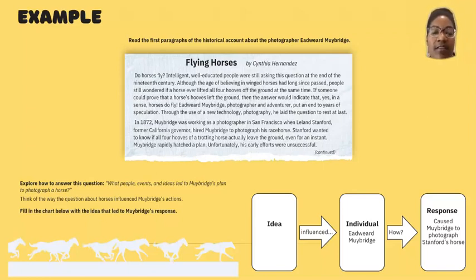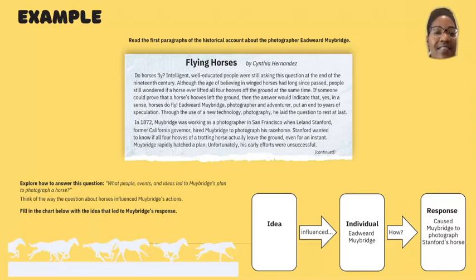Although the age of believing in winged horses had long since passed, people still wonder if a horse ever lifted all four hooves off the ground at the same time. If someone can prove that a horse's hooves left the ground, then the answer would indicate that yes, in a sense, horses do fly. Edward Muybridge, photographer and adventurer, put an end to years of speculation. Through the use of new technology, photography, he laid the question to rest at last.